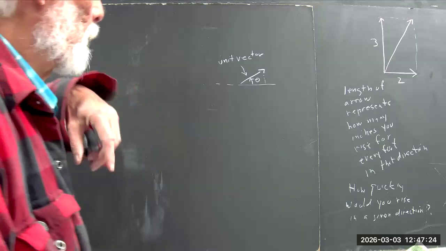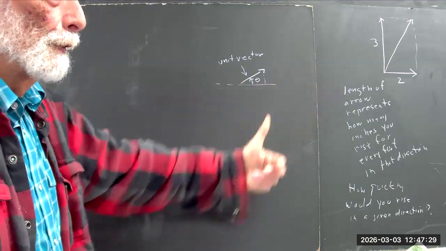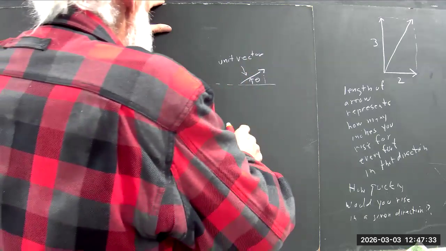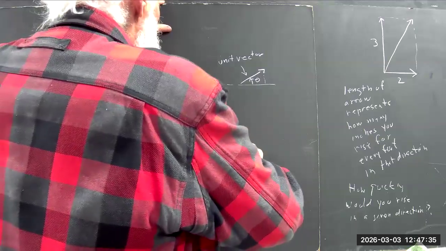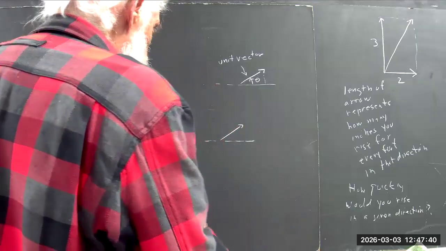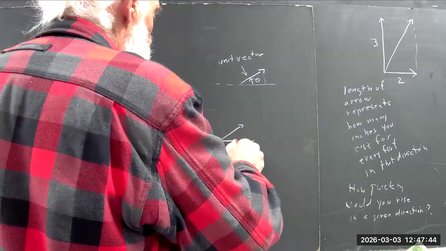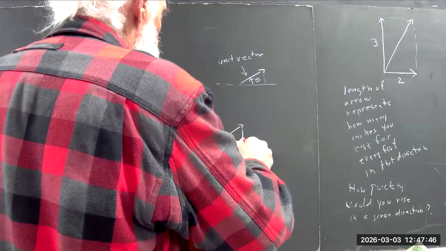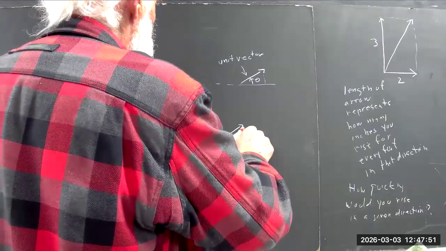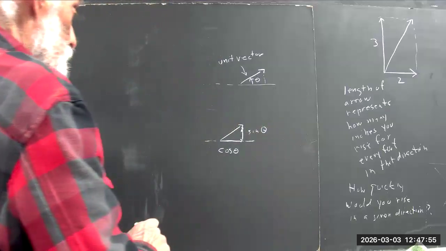Anyhow, you've got a unit vector here, rising 2 inches per foot in this direction, rising 3 inches per foot in this direction. Along that unit vector, the horizontal displacement and vertical displacement are cosine theta and sine theta.